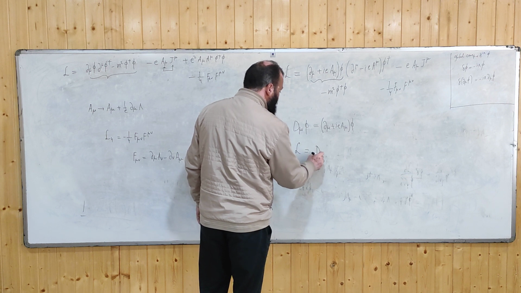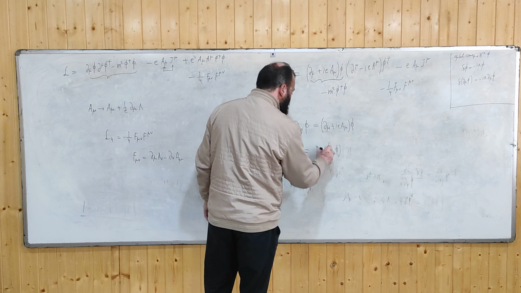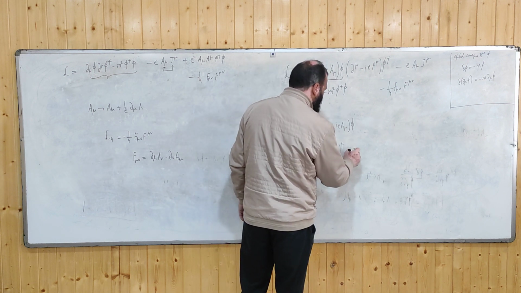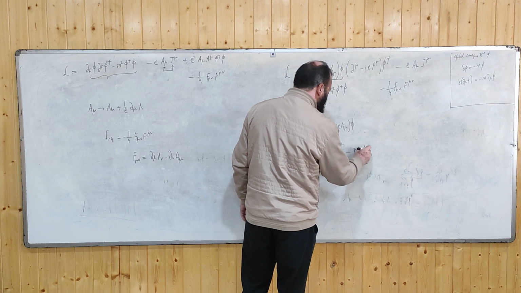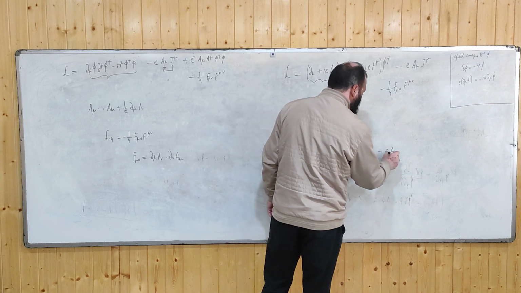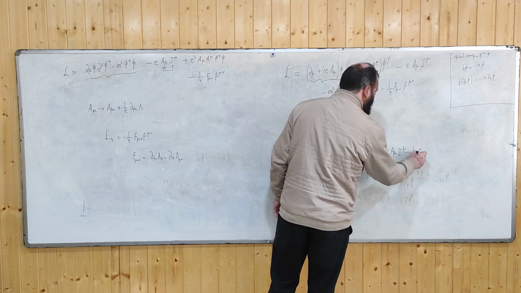So you have D mu phi, D mu phi dagger, minus m square phi dagger phi, then minus E A mu J mu, minus 1 by 4 F mu nu F mu nu.